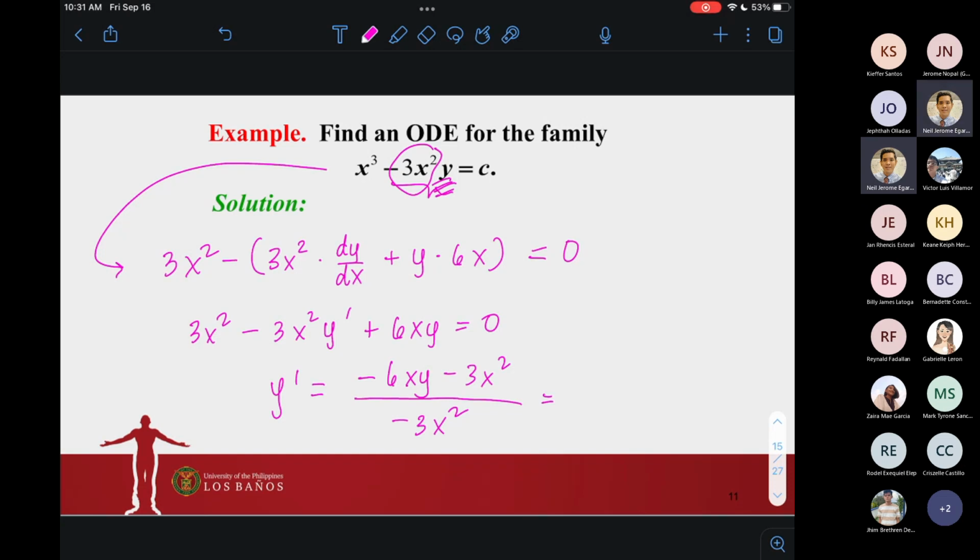Biglang nag-algebra, no? Pwede itong maging 6, so pwede itong maging 2. Pwede kong cancelin yung x. Oh, now you can just leave it as 2y plus 3x over x. Tama ba? Pinansel ko yung x sa taas, x sa baba.